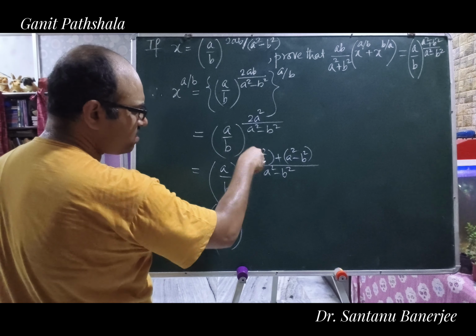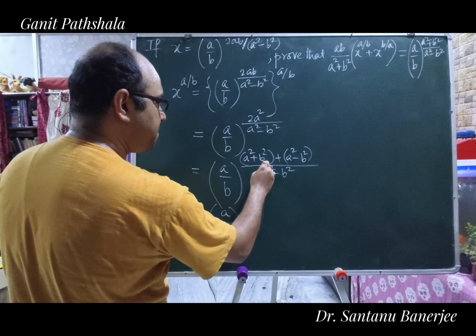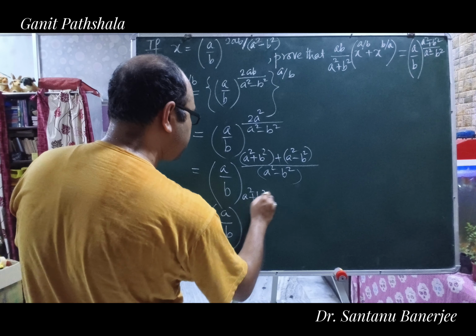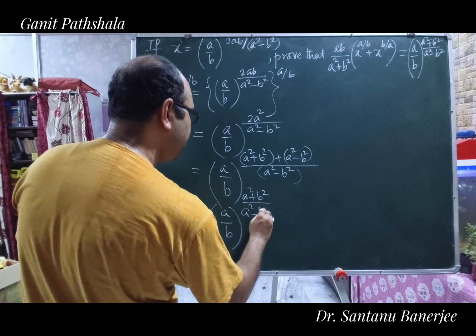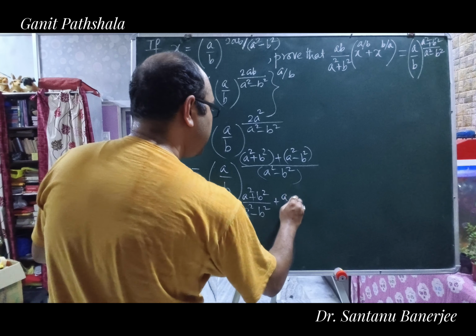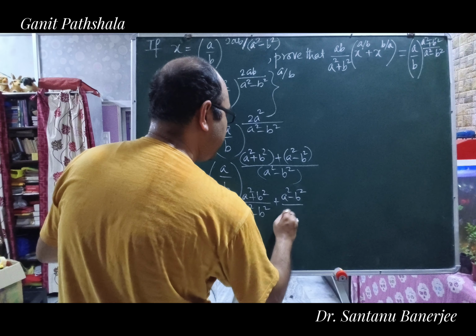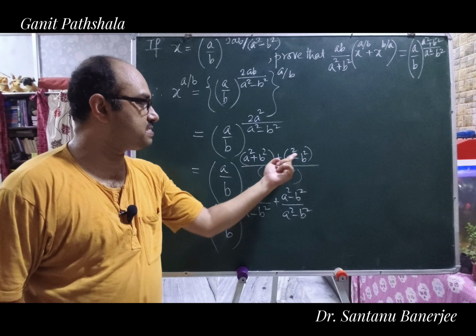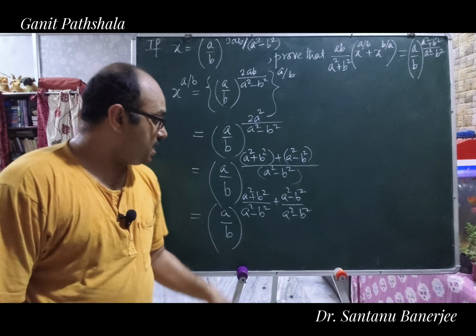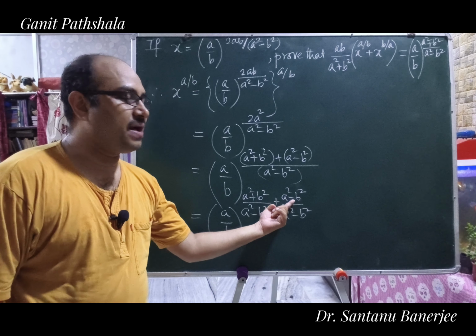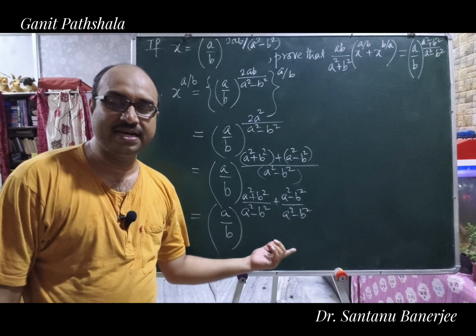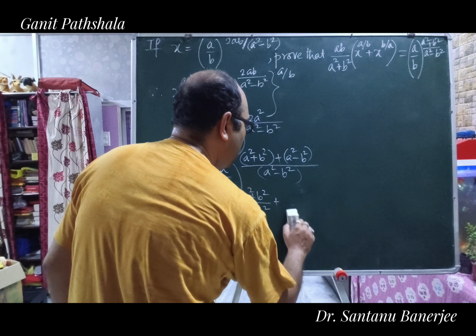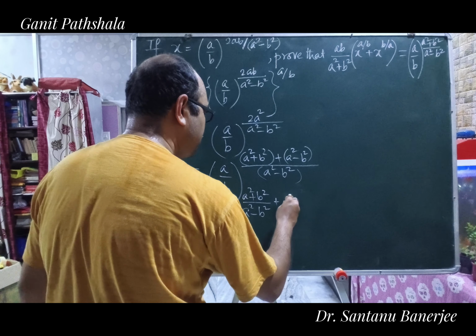Now you can break this addition: a square plus b square divided by a square minus b square plus a square minus b square by a square minus b square. Now a square minus b square by a square minus b square cancels out and it will be 1 only. So you can write just plus 1 in place of this.